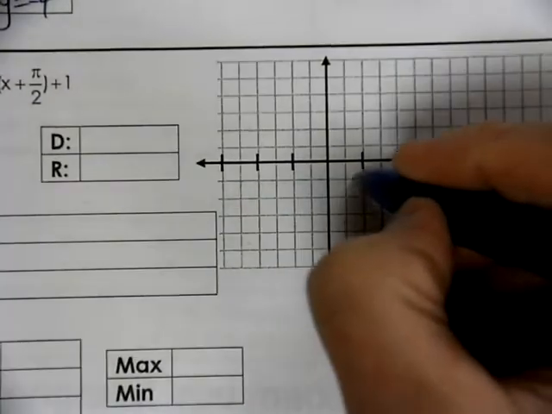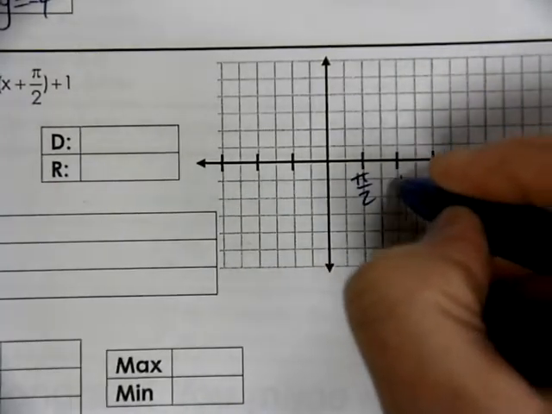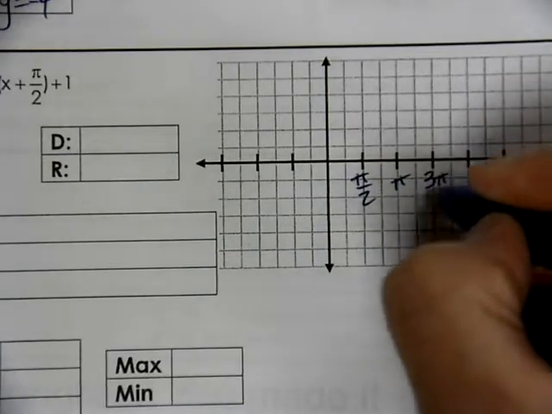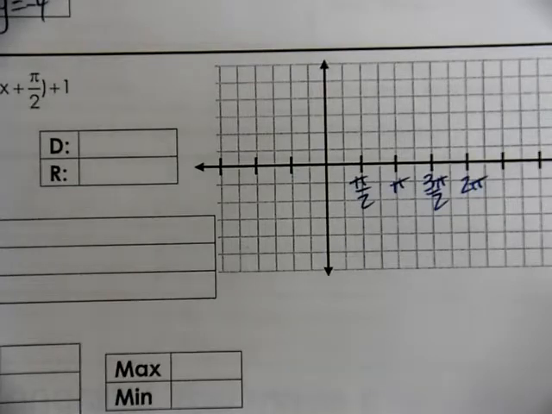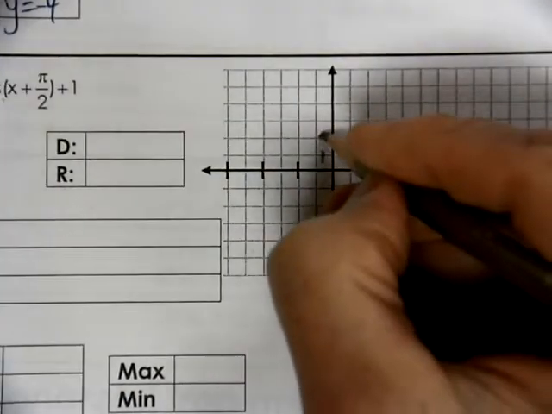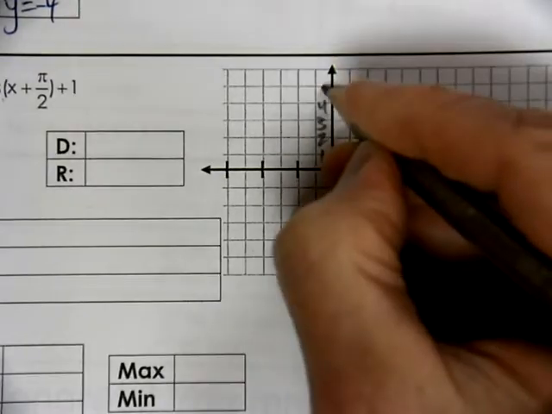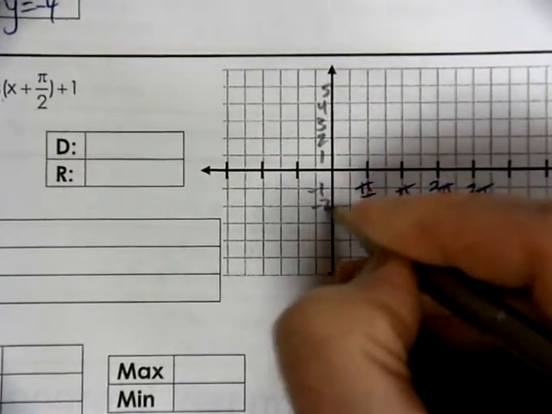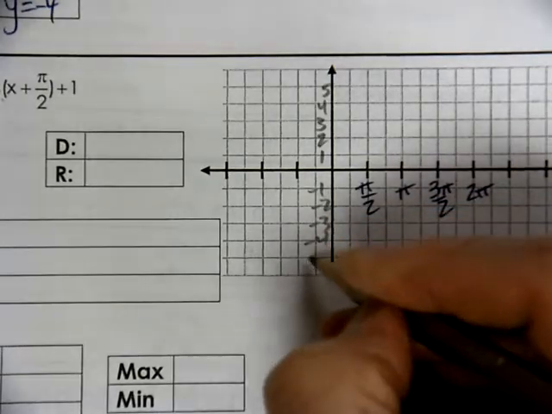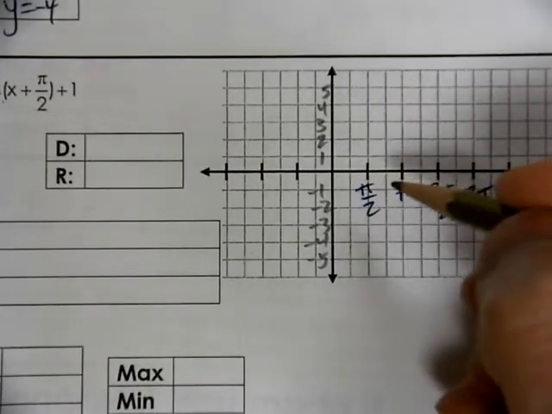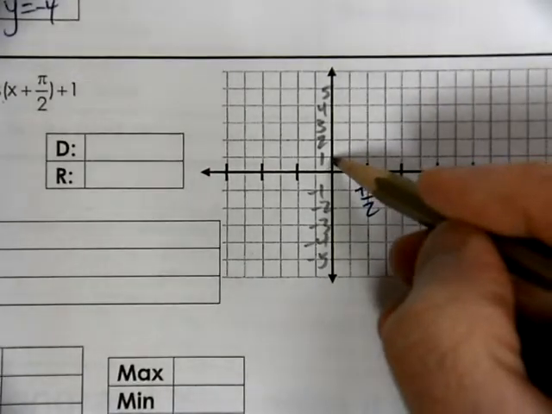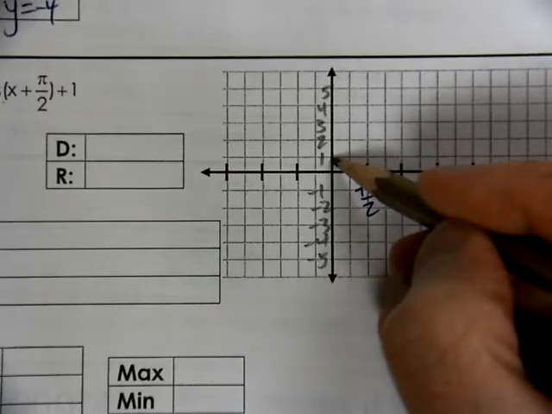So we come over, call this pi over 2, pi, 3 pi over 2, and 2 pi. We'll count by ones. And our graph, this is cosine, so typically we start at 1, but we're going to multiply by negative 4.